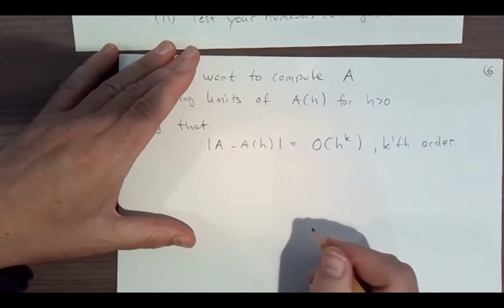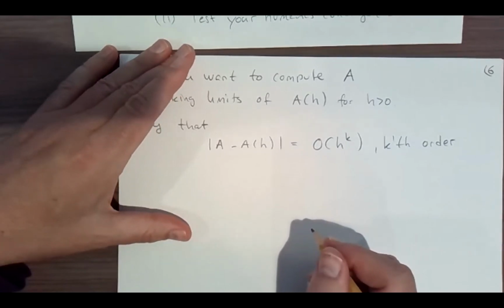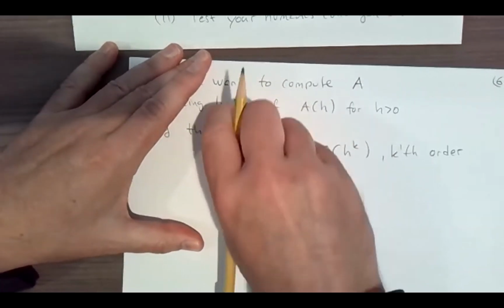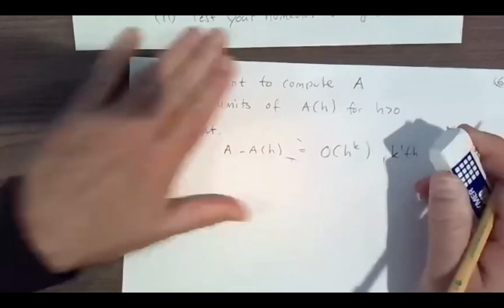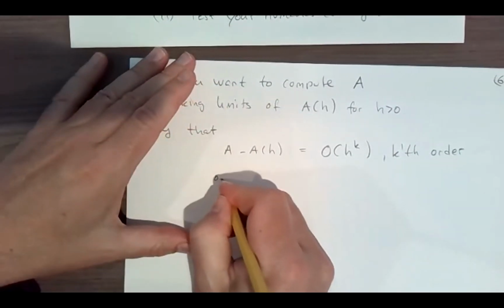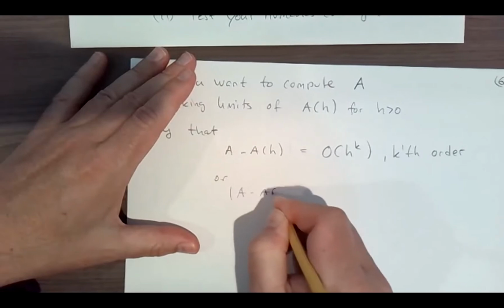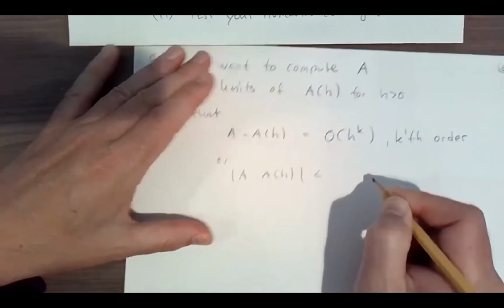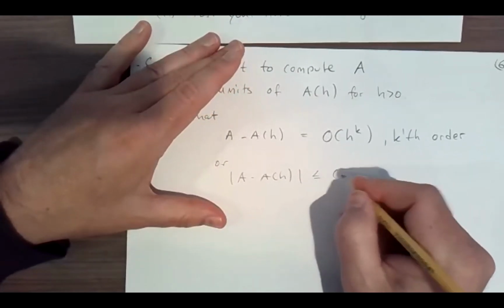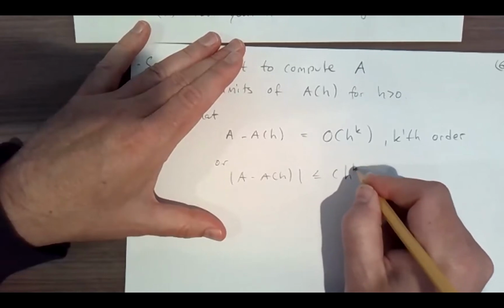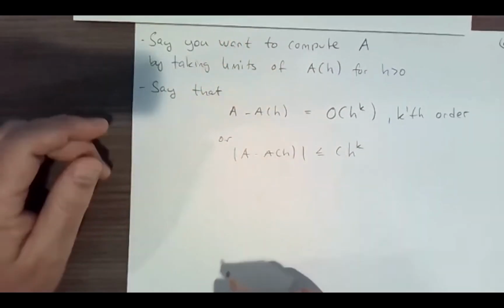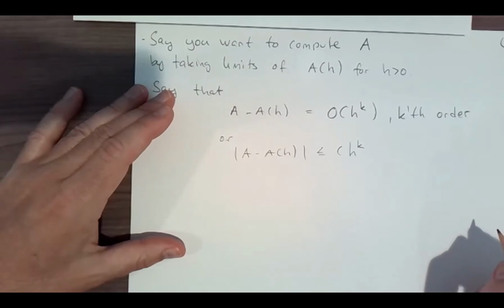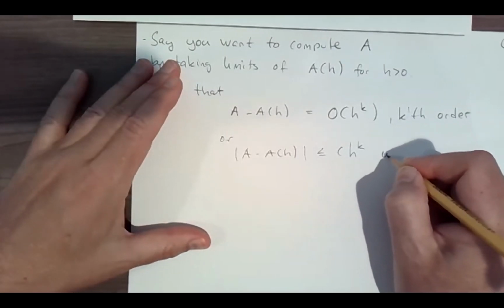We could just write it like this, or equivalently, you could say that that difference is bounded by some constant c times h to the power k, where c is a constant.